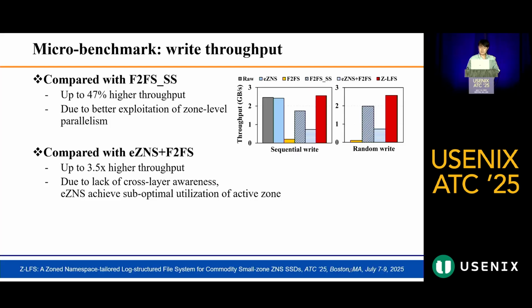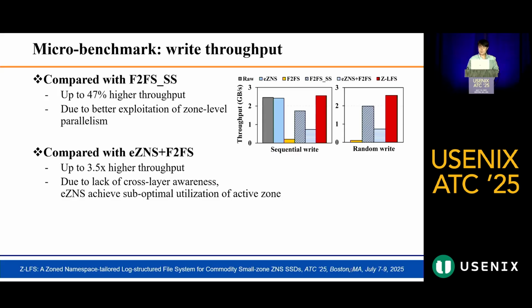In micro benchmark, to evaluate write throughput, 16 FIO threads sequentially or randomly write to dedicated files. We use buffered I/O for approaches with F2FS and direct I/O mode for others. Compared with F2FS with static striping, Z-LFS achieves up to 37% higher throughput thanks to better resource utilization.